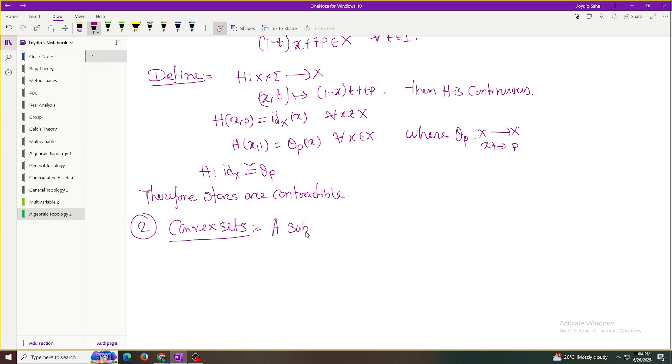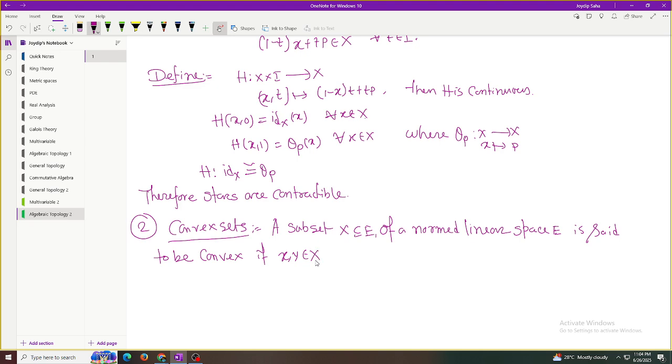A subset X of a normed linear space E is said to be convex if x, y belongs to X implies (1 minus t)x plus ty belongs to X for all t belongs to I.